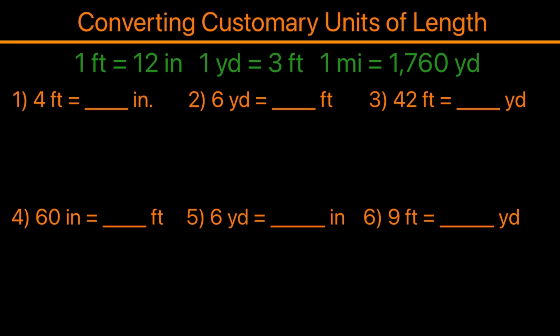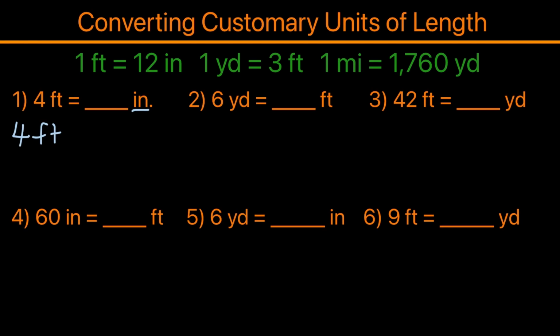For the first example, we have 4 feet and we want to convert to inches. We will write out 4 feet, and since we're trying to convert to inches, we're going to look at the conversion and see which one applies.